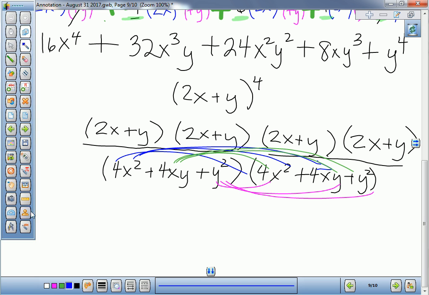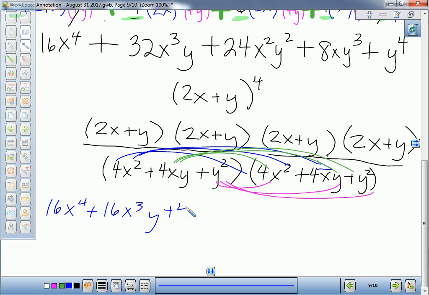Alright, so you get 16x to the 4th plus this times this would be 16x to the 3rd y, and then this times this would be 4x squared y squared, and then the next color was green, and I would get 16x to the 3rd y plus 16x squared y squared plus 4xy cubed.